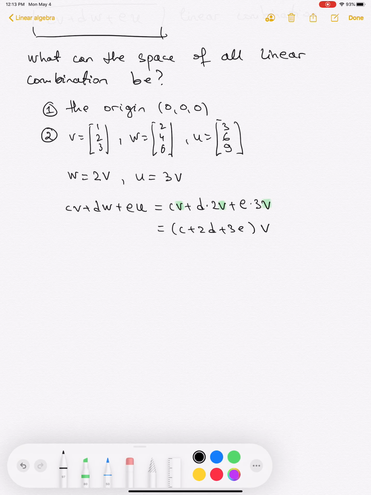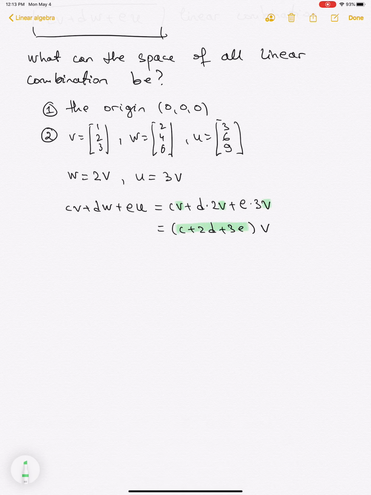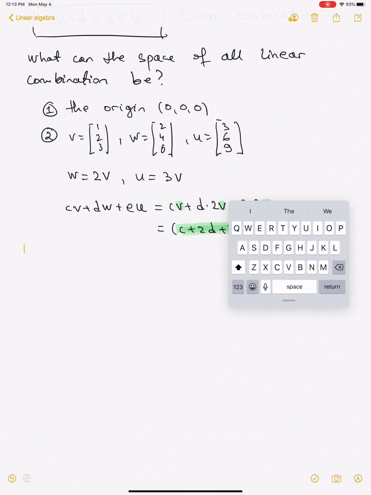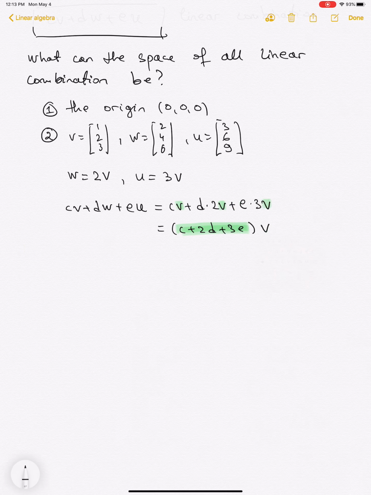Now, this expression is just a number that is multiplying V. So since W and U are multiples of V, their combinations will also be multiples of V. Geometrically speaking, I don't want to draw too much in 3D space because that's not an easy thing to do, but just to give you a picture, it looks like this.